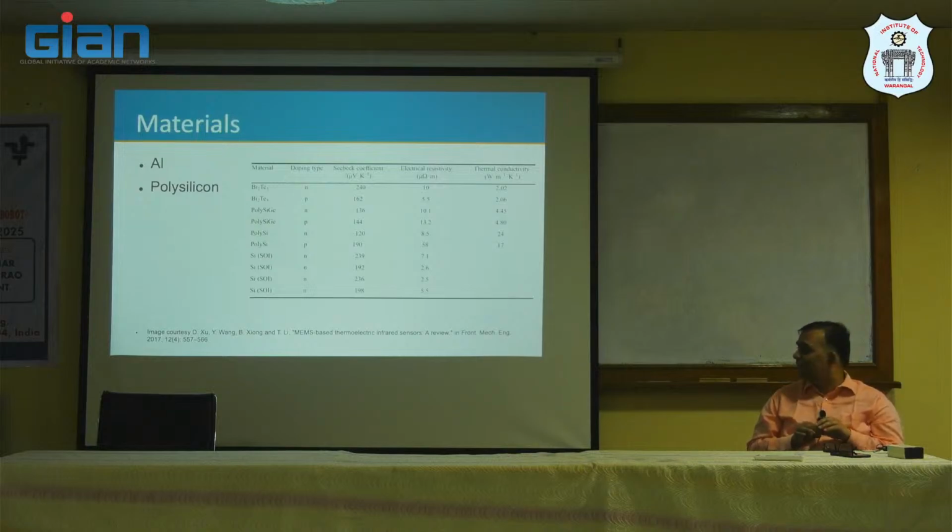I am making out of silicon, I have got polysilicon, I have got silicon on insulator SOI, and then I can dope them with N type or P type. Okay. So, doping then changes my Seebeck coefficient. So, from here, you can see things like silicon on insulator has got a fairly high Seebeck coefficient, but it's a bit negative. Polysilicon seems to be fairly good there, right? It's 190 units, microvolt per Kelvin.